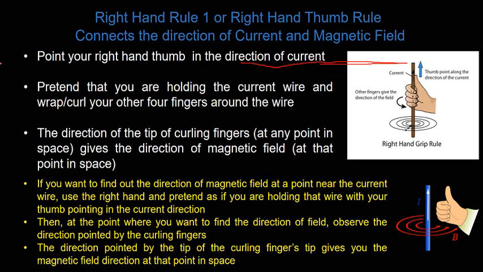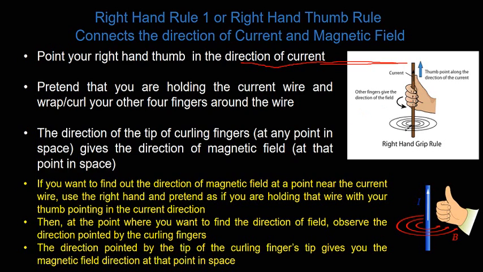And then we pretend as if we are holding this wire using our right hand, and we look at the direction of the curling fingers.